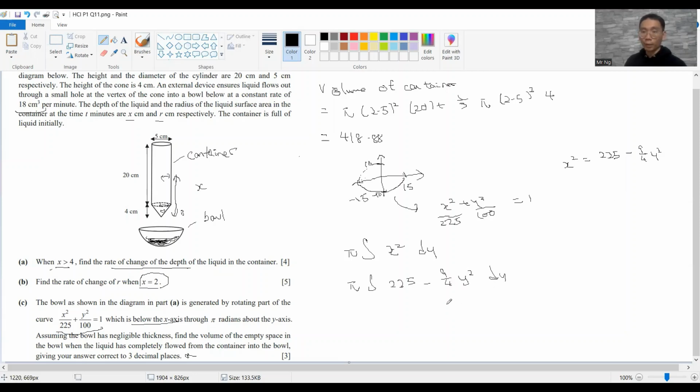At this point of time, because they say leave your answer to 3 decimal places, I should use my calculator. Okay, and the value I get is 4712.4.